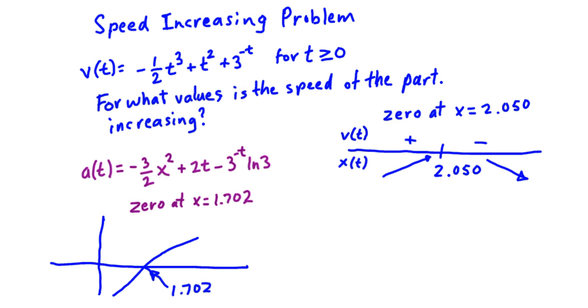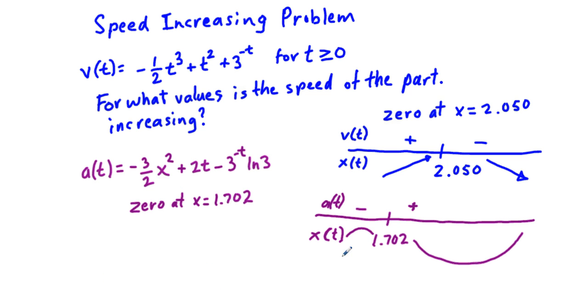And then we can do a number line analysis where we have concave down from 0 through 1.702, and we have concave up thereafter. And so where is the function increasing? Well, this is the arrangement we have.